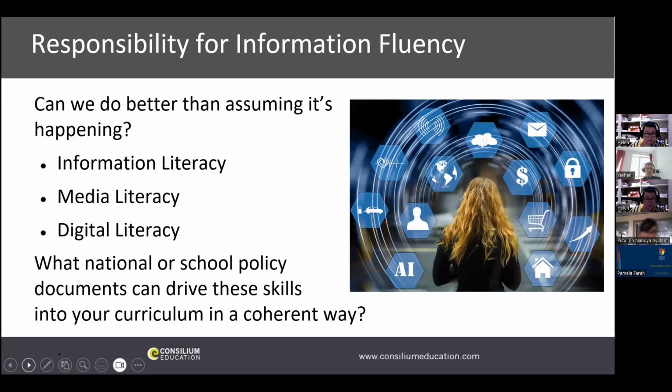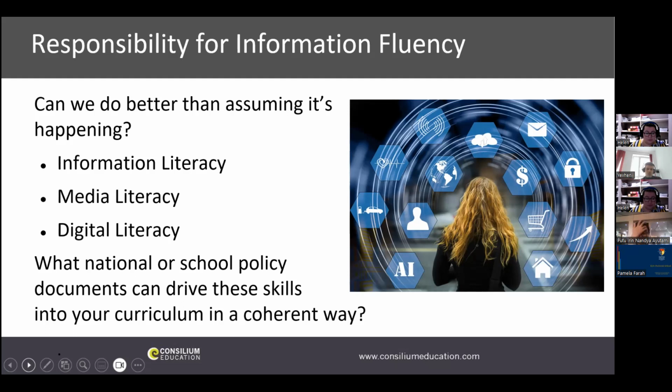I guess we might expect English and the humanities subjects to have more influence with respect to information literacy and media literacy. And whilst we might expect computing or ICT specialists to take a lead with digital literacy, the definition I shared is so general. Once again, it naturally falls to all taking any responsibility for the education of the child.